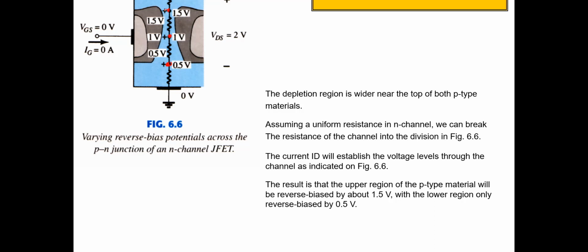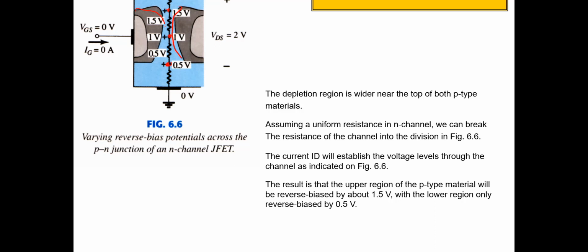We can see that the depletion region will form, and the current can be controlled. You can imagine that if we put more VGS here, the depletion region will be larger.